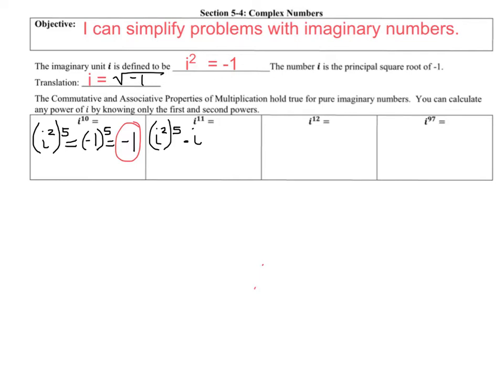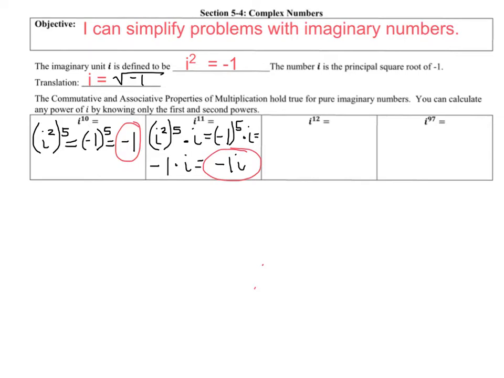We know that i squared is equal to -1, so I'll end up with -1 to the 5th times i, and -1 to the 5th is just equal to -1. So then we have -1 times i, which equals -1i, or just -i. Either way you want to write it is okay.